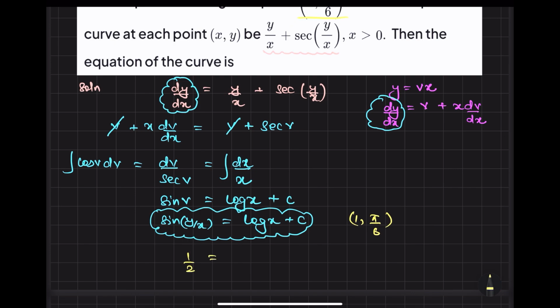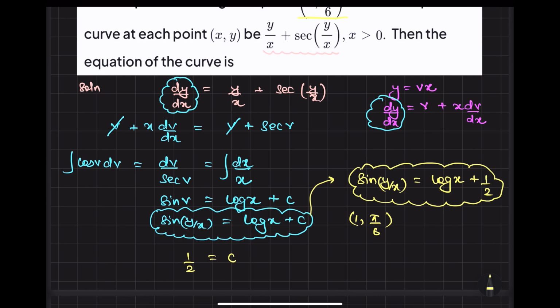Log 1 is 0. So the value of the integration constant c is 1 by 2. So you can upgrade your function: sin(y by x) is equal to log x plus 1 by 2. So this is our required function.